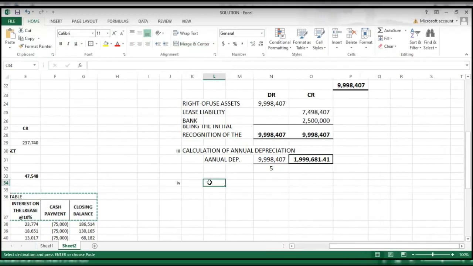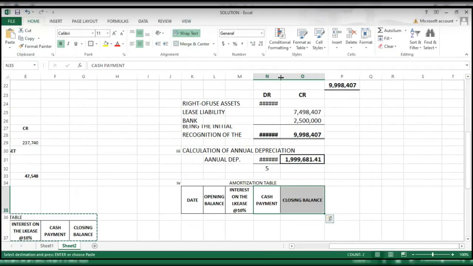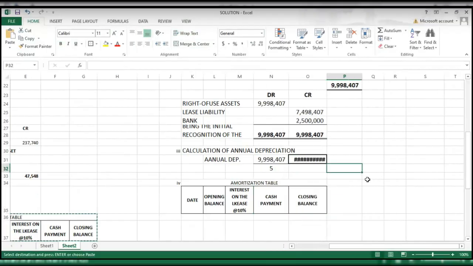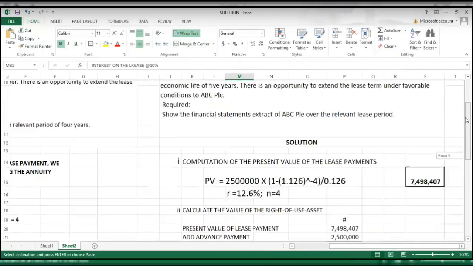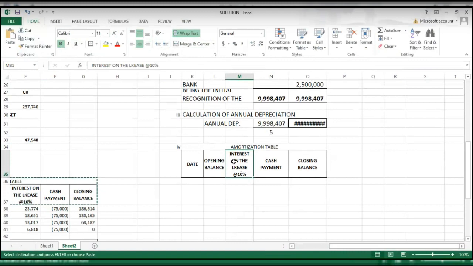This is how it has to be presented. So the amortization table is there, and the interest rate we are using in this case is 12.6%. So I'm going to edit this one. It's going to be 12.6%.